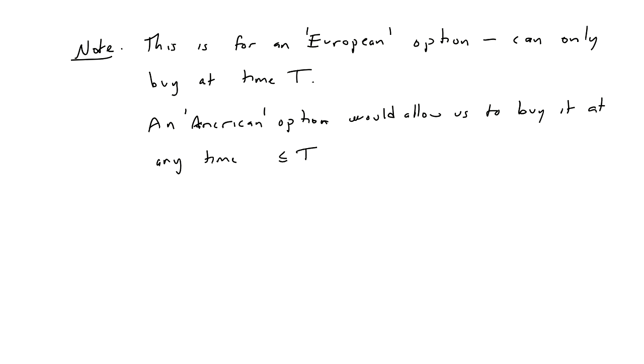Whereas an American option would allow us to buy it at any time less than or equal to that time t. So the American gives us a deadline. And so for that one, obviously, we'd have to do some kind of integral sum. So obviously, that would make it more complicated.